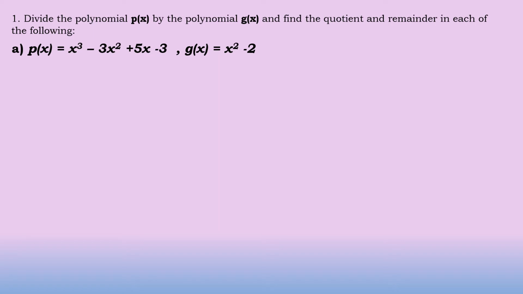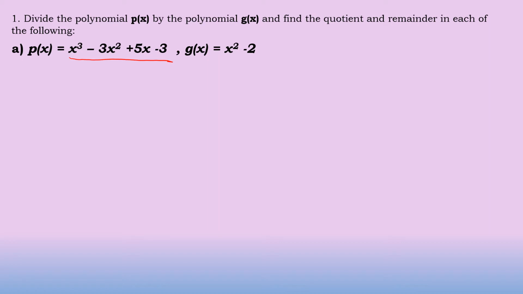So let us see if the polynomial p of x and g of x are in their standard form. Standard form means if the degrees of the terms of the polynomial are in the decreasing order. If you look into p of x, yes, they are in the decreasing order of their degrees.